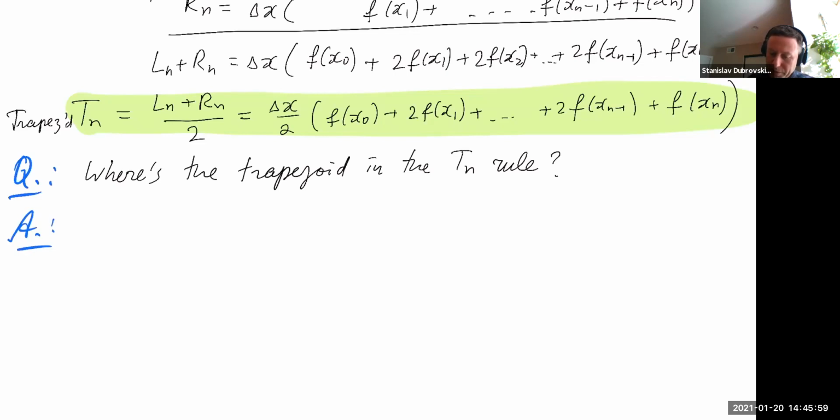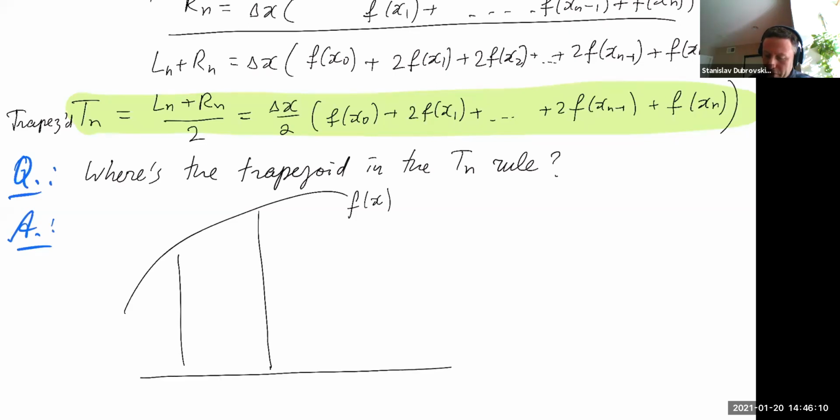I'll just draw one single subdivision. So this is my f of x, and I have x_{i-1}, so that's my ith subdivision, x_i.